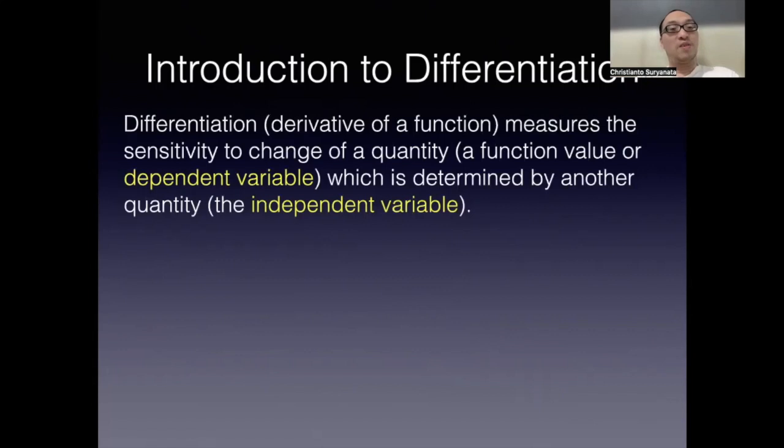So, what is differentiation? Differentiation, or the derivative of a function, measures the sensitivity to change of a quantity. This quantity is usually a dependent variable, which is determined by another quantity, the independent variable.